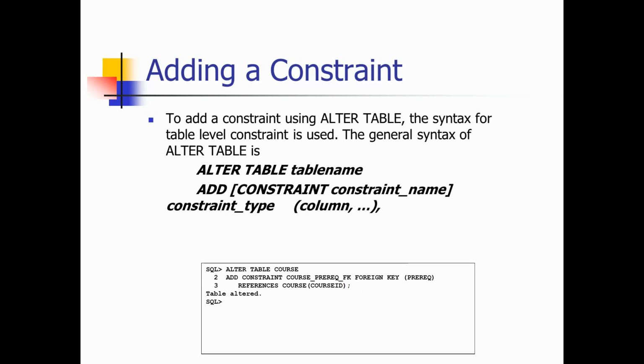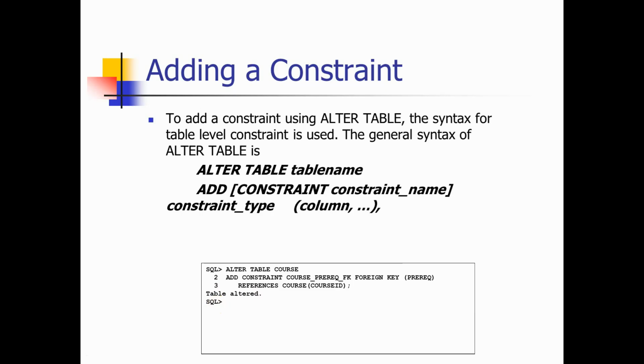So if you did not put this semicolon here and you hit enter, pretending we didn't see the semicolon, what's going on is that you will not see table altered. You will see a column 4 with a cursor blinking there, indicating that Oracle is waiting for more instructions.